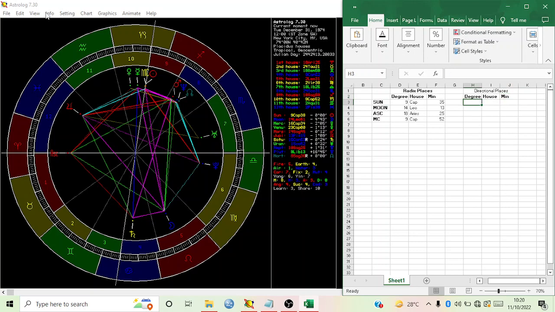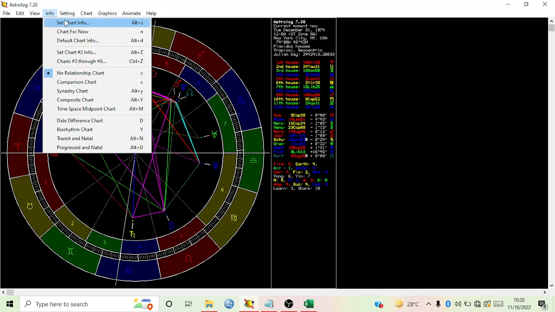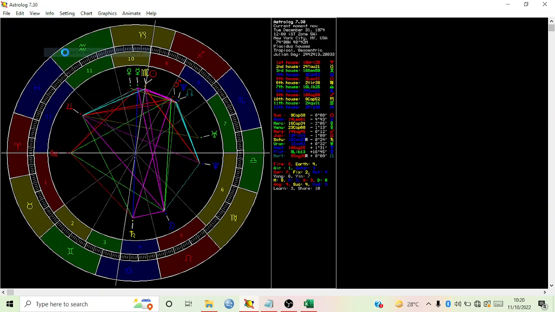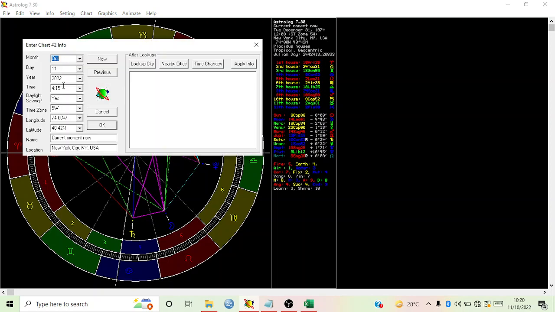So what we're going to do is go back to the chart and simply say, since we've already set the radix position chart correctly, which is what we're having right now, I'll go to chart, set chart info 2, right? There I'm going to only change one variable, which is the year from the radix details. So we're going to put December 31st.